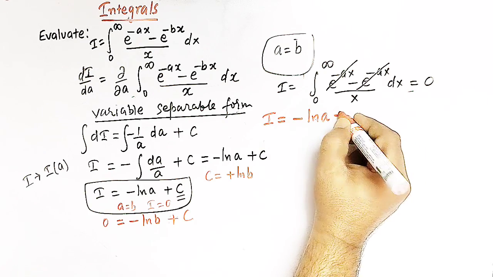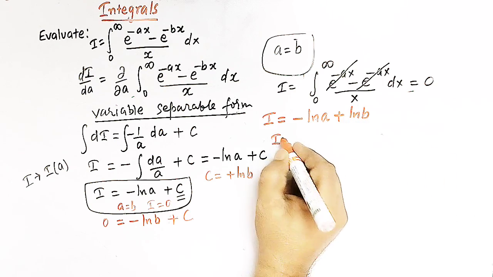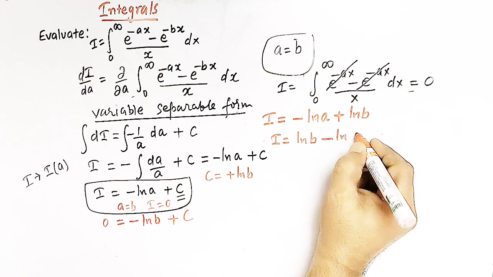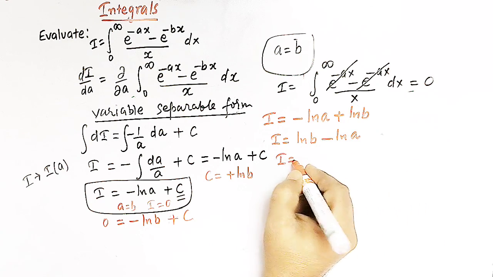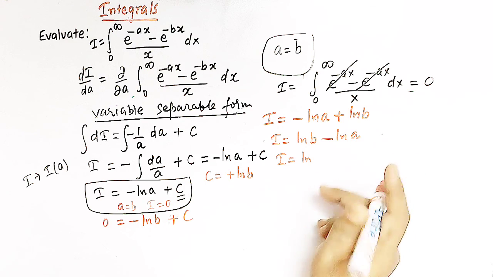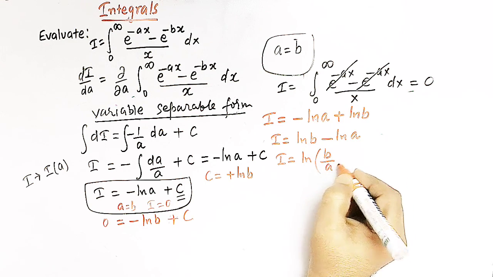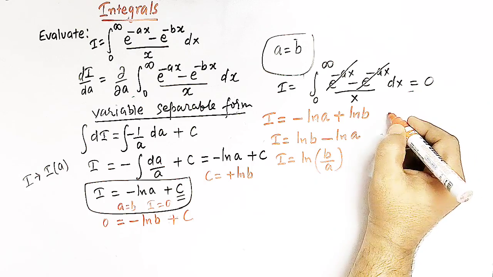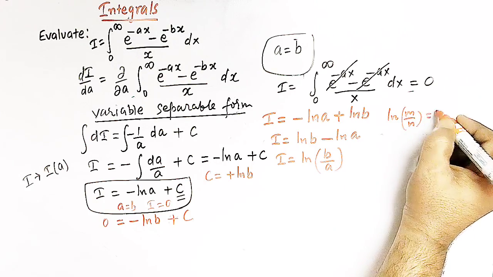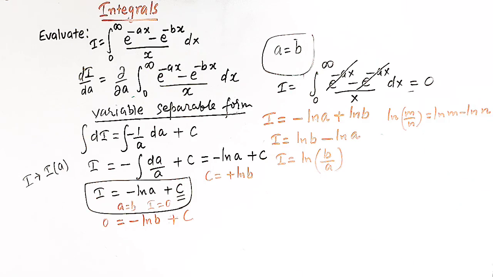So substituting this value in this equation, we have now the value of I as negative of natural log of a plus natural log of b, and we can now write here natural log of b minus natural log of a, and using the laws of logarithms, we can easily write this expression as natural log of b over a, right? Because we know that natural log of m over n is given by natural log of m minus natural log of n, right?